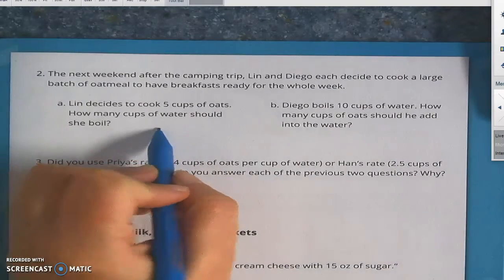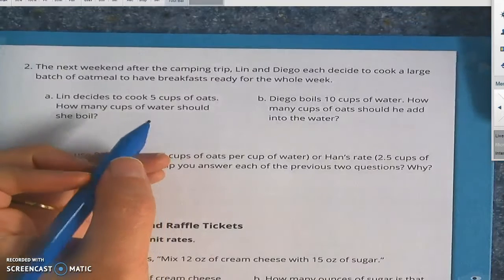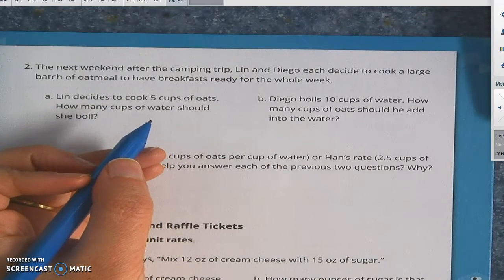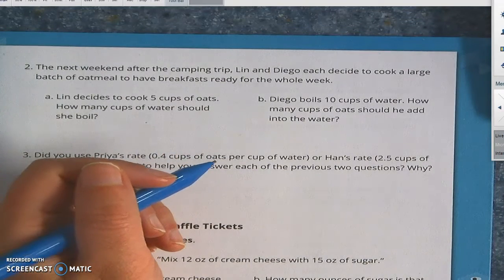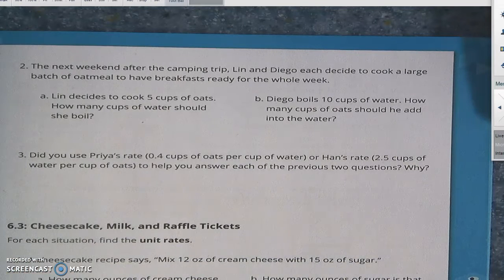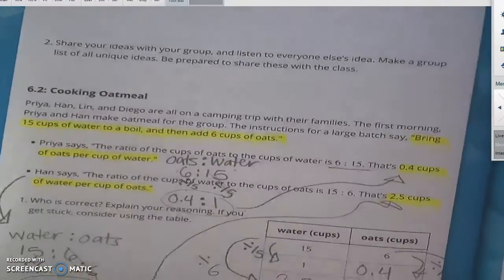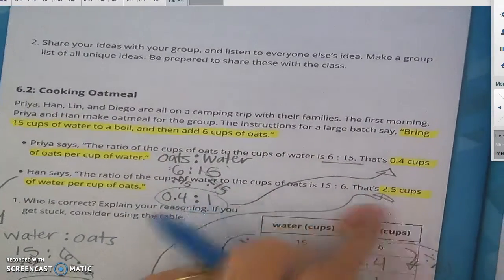Well, I just need to know how many cups of water per cup of oats, because once I know that, then I can just multiply it by 5. If I look back on my other page, it's 2.5 cups of water per cup of oats.